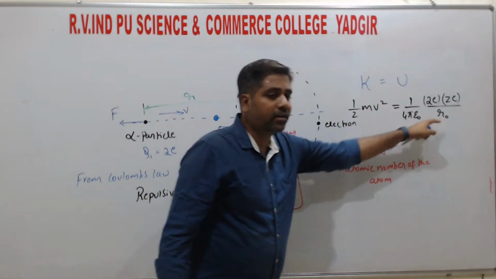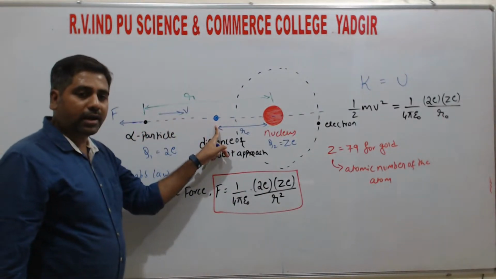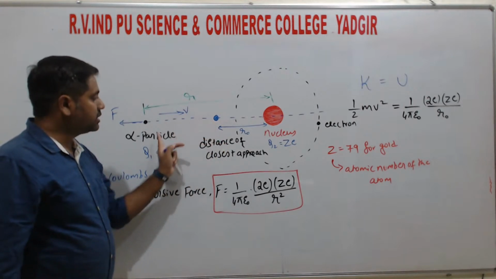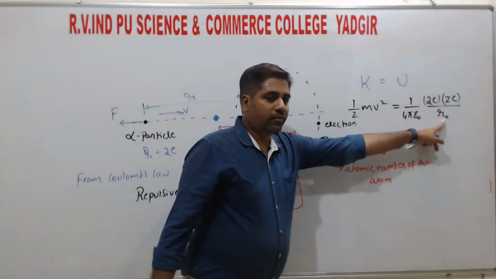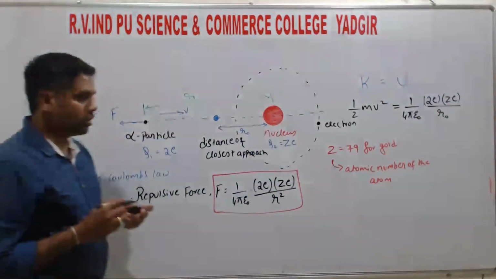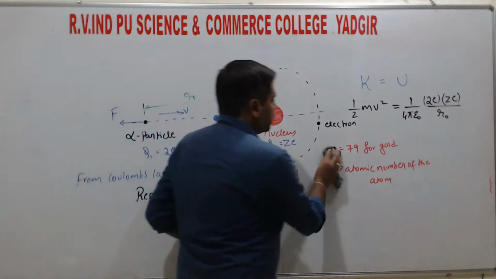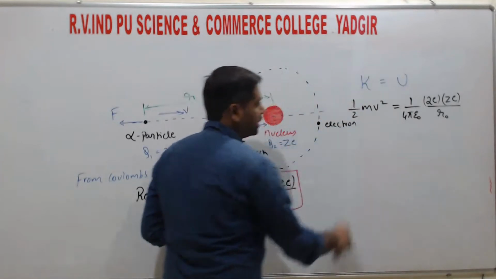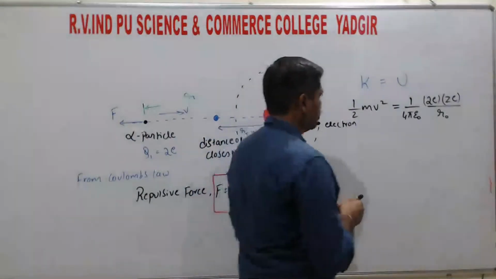Here we can't write the distance r, because at this distance the entire kinetic energy is converted into potential energy. For that reason, we can take this one as r naught, right? From this we need r naught, that is the distance of closest approach.